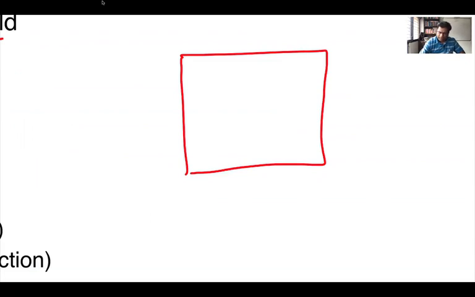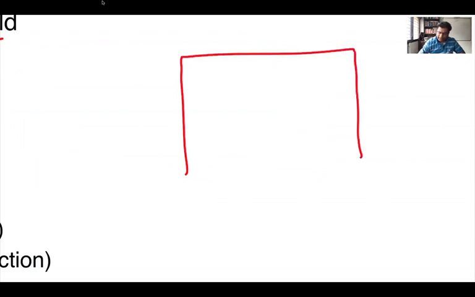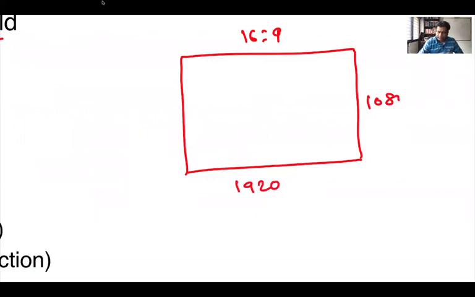For example, when I say I'm watching a movie in high definition, I'm probably talking about 16:9, an aspect ratio which we generally use for high definition. So probably I can say this one is 1920 by 1080. That's full HD. Or maybe 1280 by 720, that's HD. Or 3840 by 2160, that is 4K or UHD, ultra high definition, and so on and so forth.